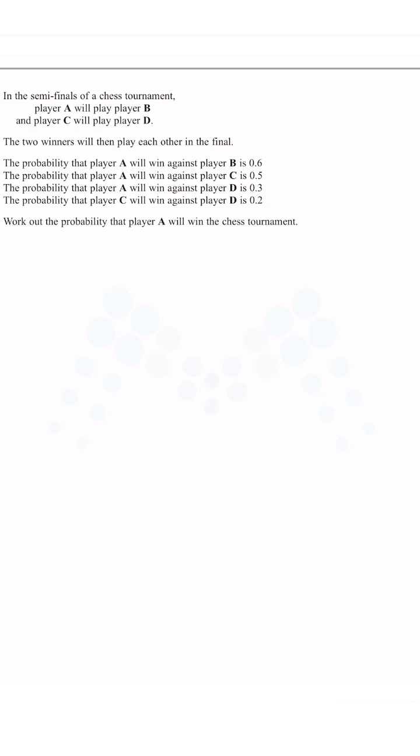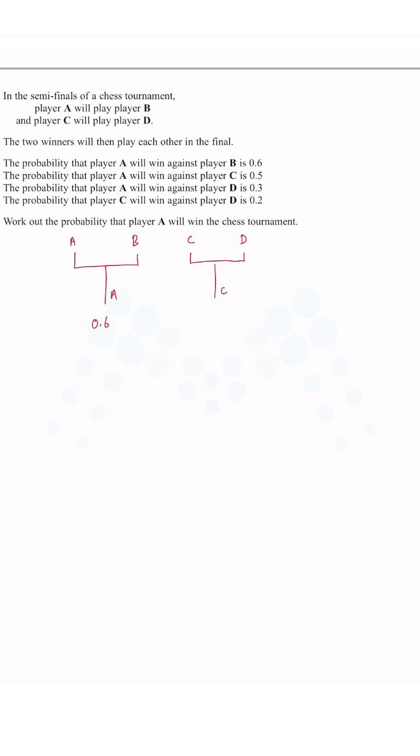Now, we know that player A is going to play against player B. And for player A to progress, the probability of that is 0.6. And what we have to find is the probability of player A playing against either player C or player D. So now C and D are going to play each other.